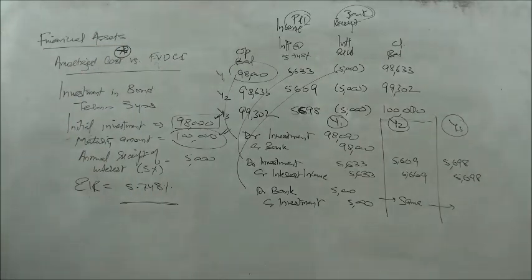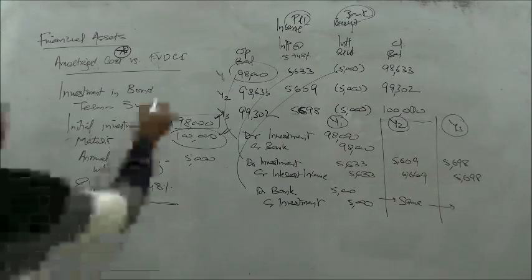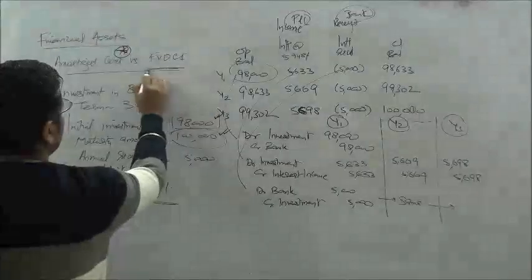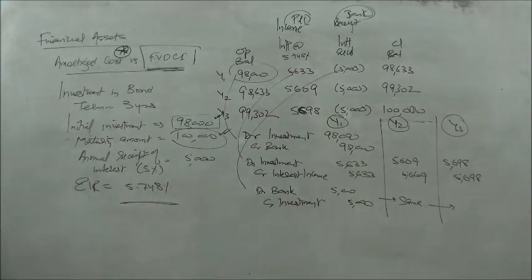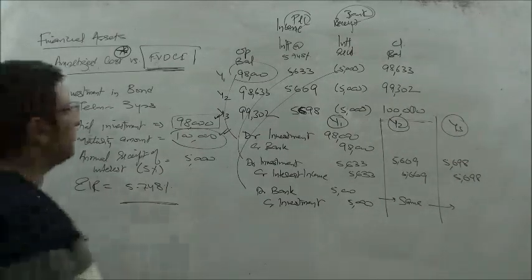Okay, so this is the accounting that we do when we are following the amortized cost concept here. Okay, but then how do we do the accounting when the classification is under fair value through other comprehensive income?